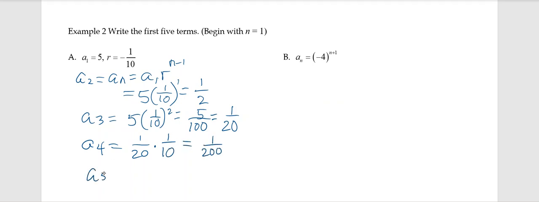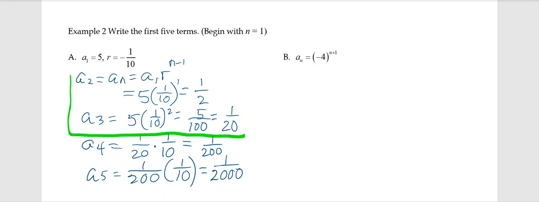And finally, the fifth term is going to be the previous term, 1/200th times 1/10, and that gives us 1 over 2,000. So again, even though I do have an explicit formula, and I used it in the first 2 terms I was trying to find, I can use that explicit formula, or in this case, I can see that each successive term is just going to be the previous term.